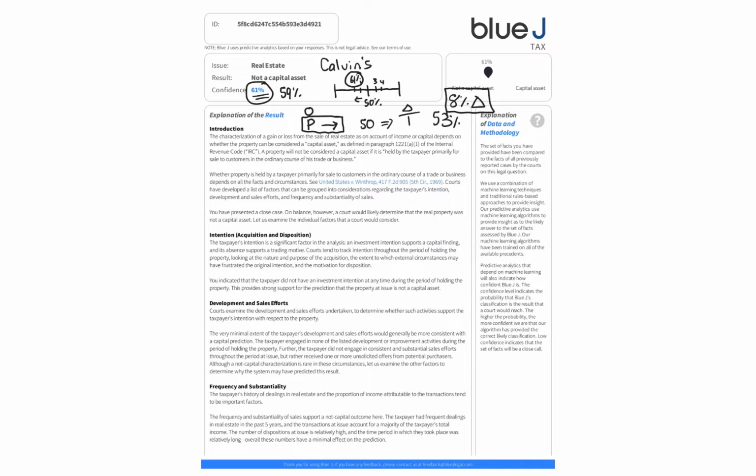As you can see, if you put 1,000, obviously that can make a big difference as well. The idea is that 50 is a lot more than 1, a bigger multiplier, exponentially at some point. So that change of 8%: if we put 1 in for P, not 50, since the lower the number is, the more likely it's capital, we'd be at 53%, not 61%. That's how big of a difference it makes.